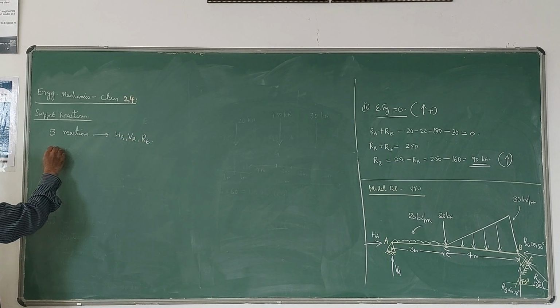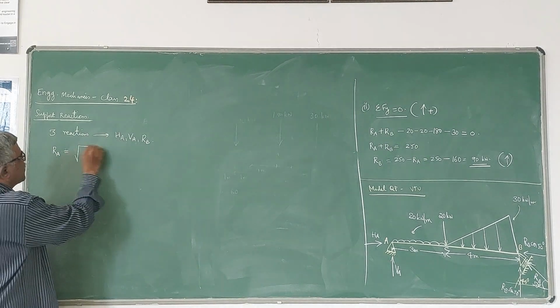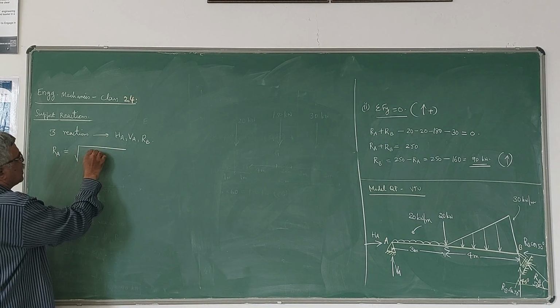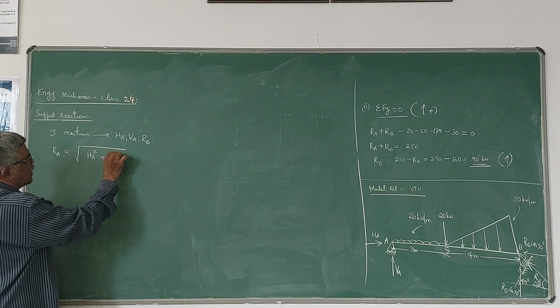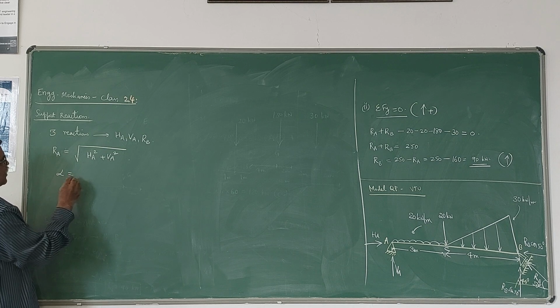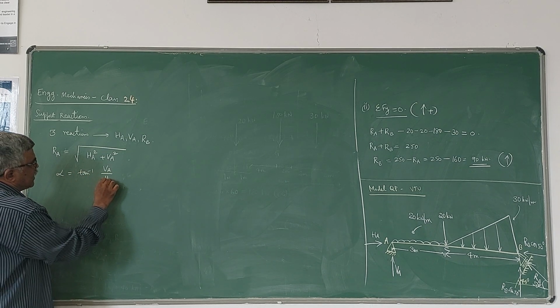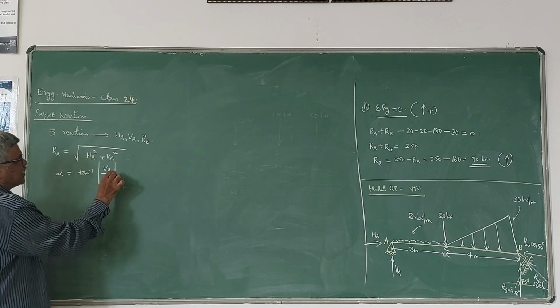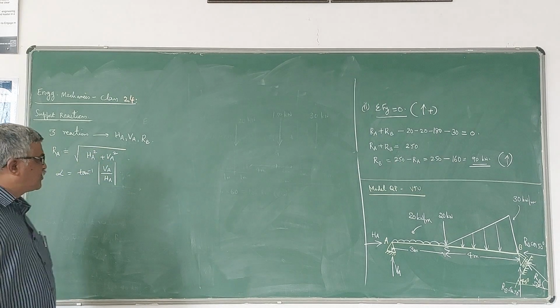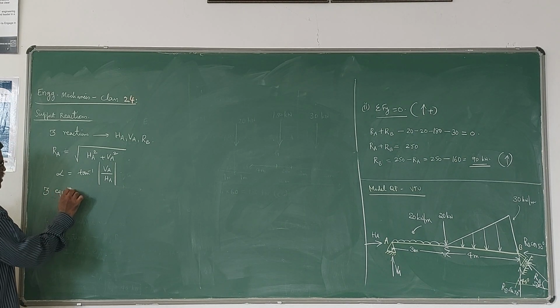Of course, the resultant reaction RA at the hinge can be found by using the formula square root of HA square plus VA square, and the angle made by RA with respect to the horizontal can be found using tan inverse of modulus of VA by HA. So we have to use all the 3 equilibrium equations here.